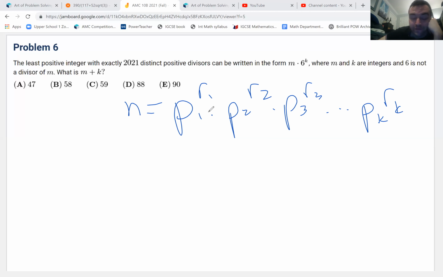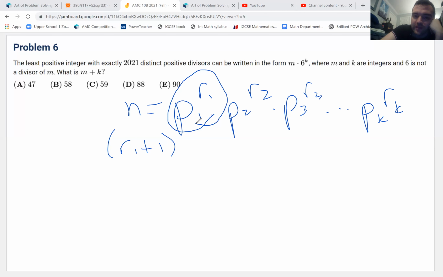So what are the possible numbers of p1 that you can take? You can take anything from 0 to r1, which is r1 plus 1 possible values of p1 that you can multiply together to make your factor.